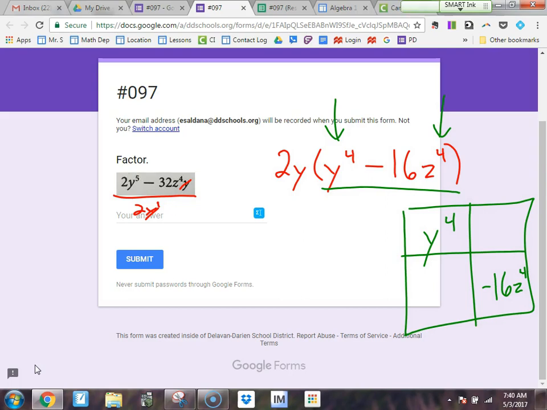And again, much like all the other problems, we're going to put 2 lines down. We know we're going to be multiplying these 2 terms to equal the multiplication of both of these. That's negative 16 z to the 4th y to the 4th power.